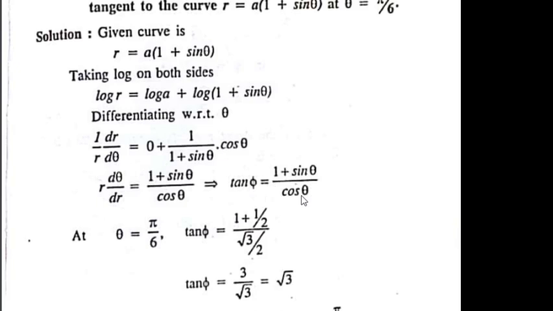Now we have to find the angle between the radius vector and the tangent at theta is equal to pi by 6. So we substitute theta is equal to pi by 6 here, which gives tan phi is equal to 1 plus sin pi by 6. Pi by 6 means it is 30 degrees. So sin 30 degrees is 1 by 2, divided by cos pi by 6, cos 30 degrees, which is root 3 by 2.